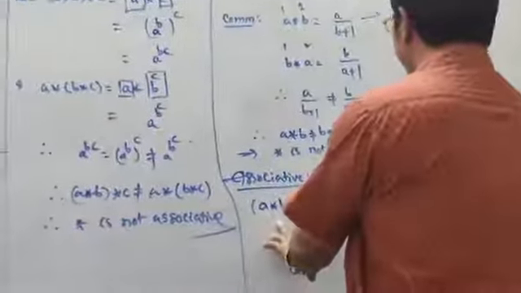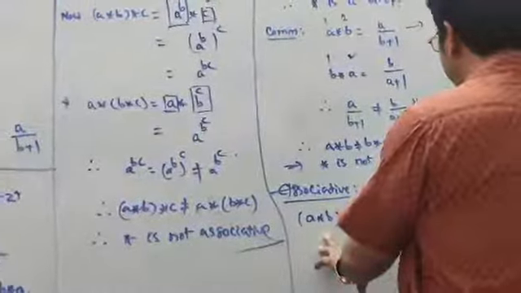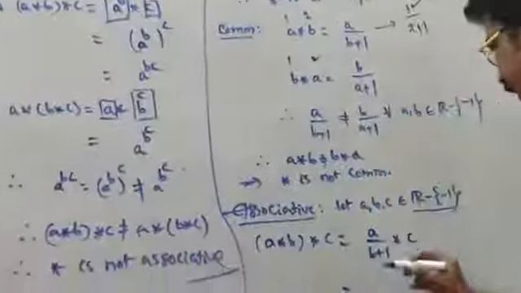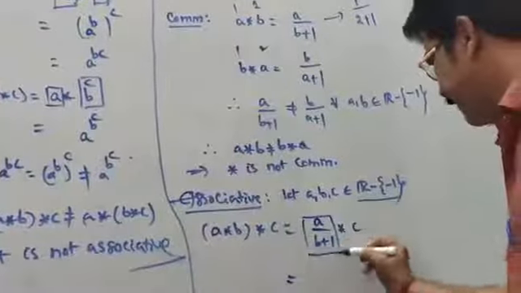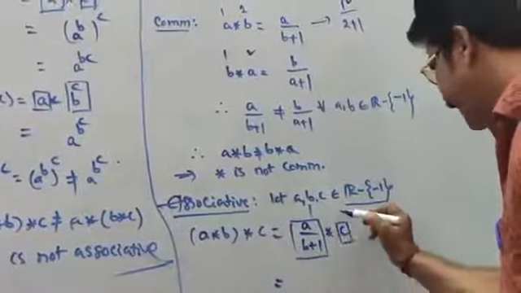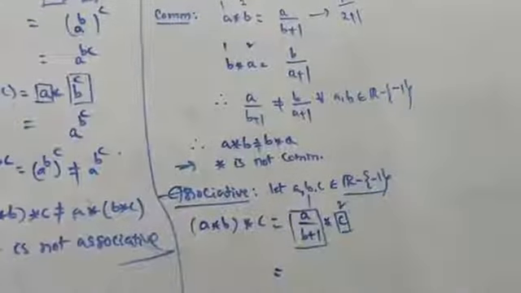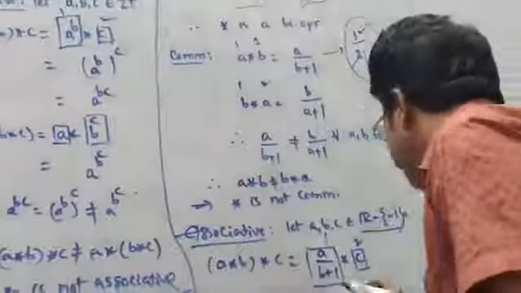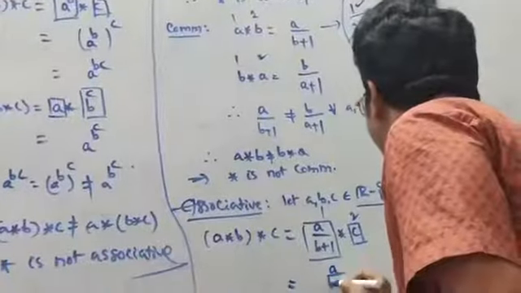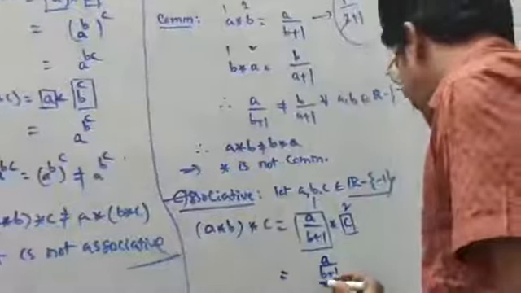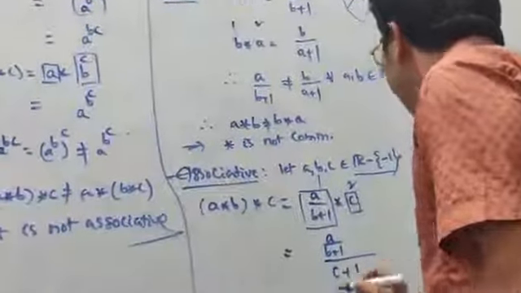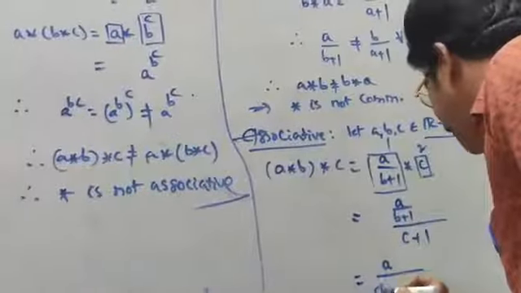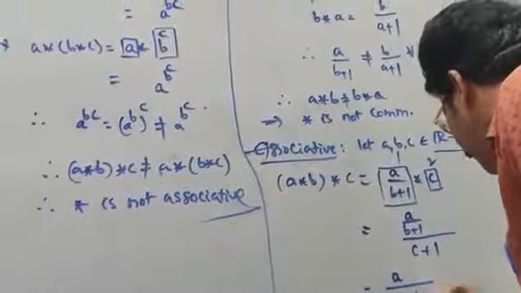A by B, first element by second element plus 1, star C. Now this is the first element, C will be the second element. What is the pattern? First element by second element plus 1. So on simplification, A by B plus 1 into C plus 1.